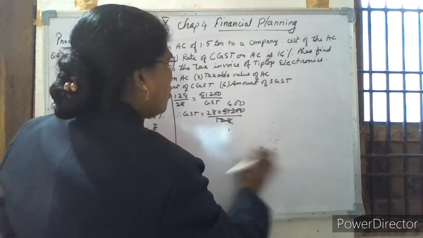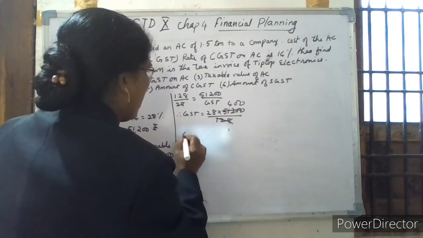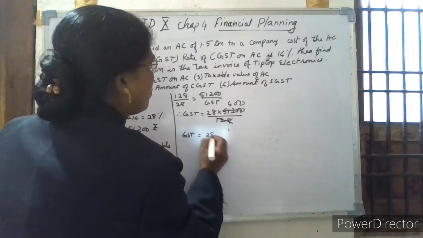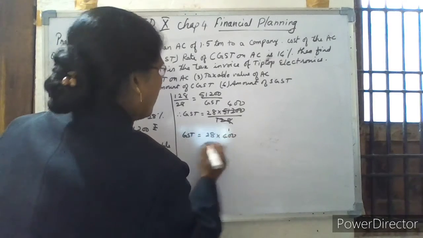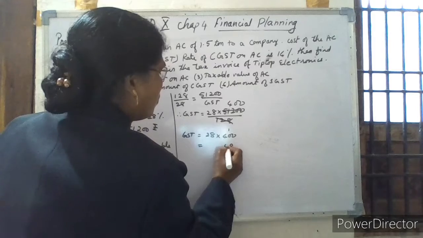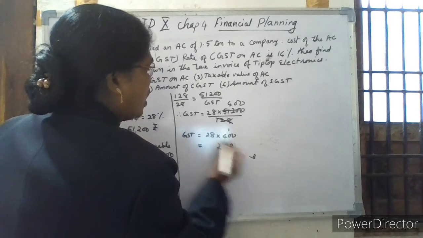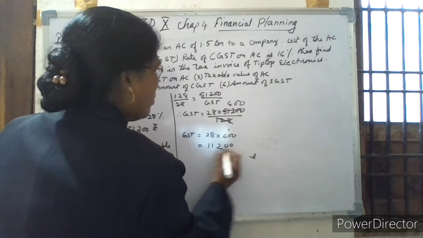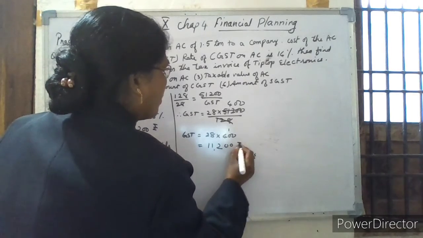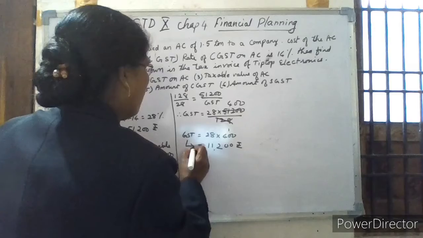Therefore, now we will multiply. GST is equal to 28 multiplied by 400. That is 0, 0, 4 8s are 32, carry 3, 4 2s are 8, 9, 10, 11. So it is 11,200 rupees. That is the GST we got.